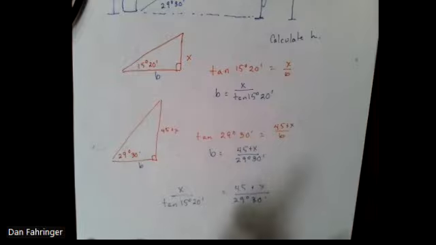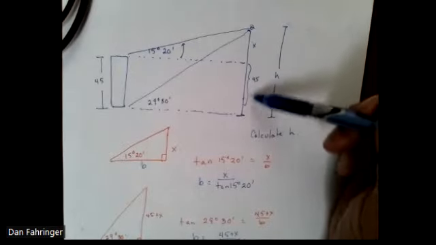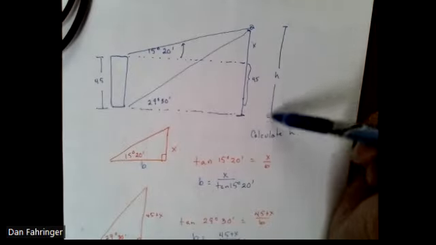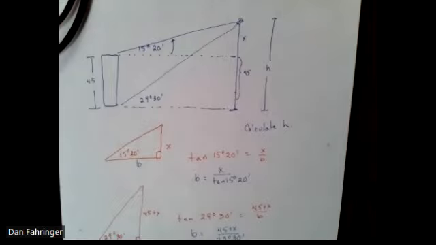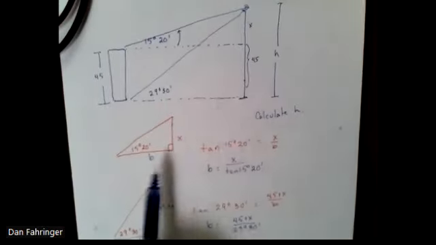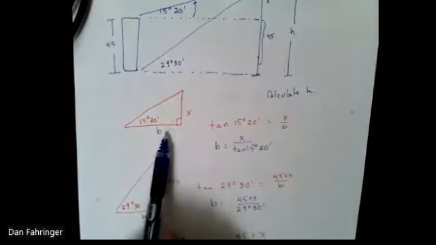And as I go through and solve for this X, I know I'm going to take it eventually and add it to 45 to get the height of the antenna. So I looked at the two triangles, and you were asking for help on word problems. I rewrote them.